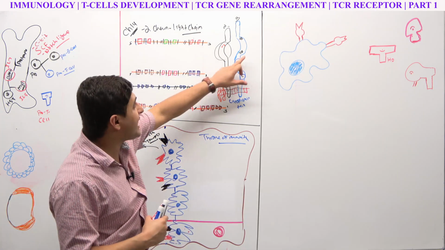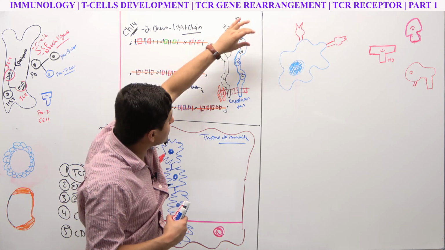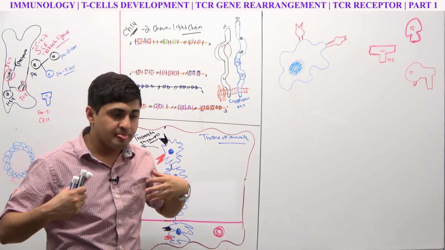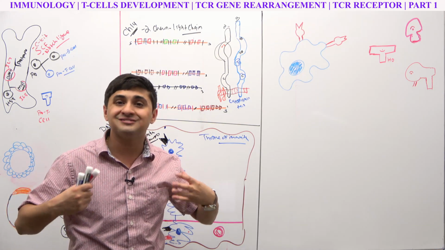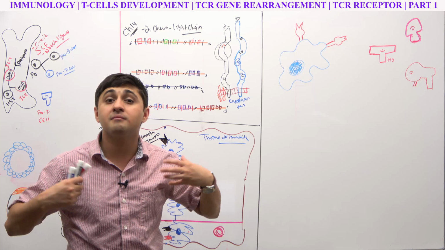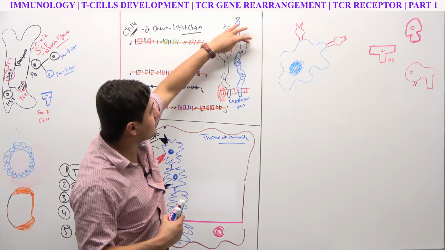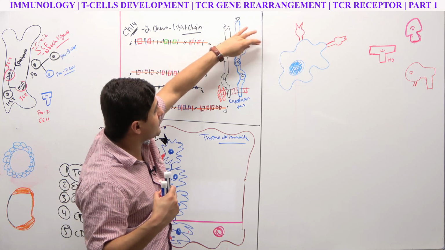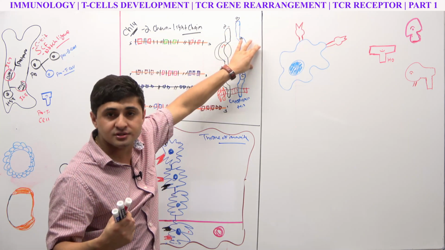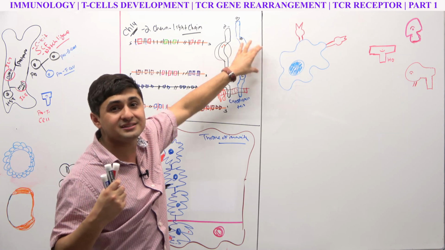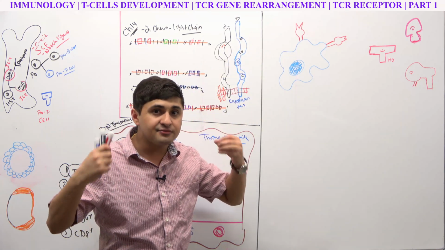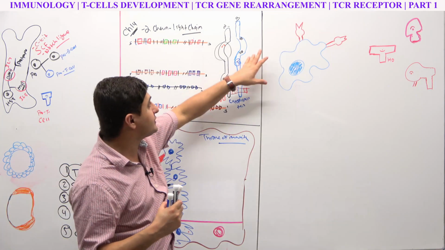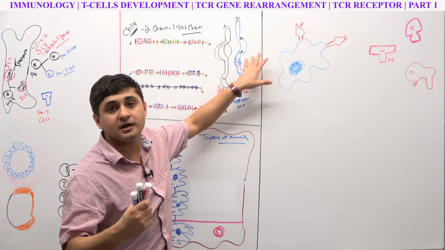Because they synthesize the diversity, it helps with this whole concept of recombination. They can make multiple binding sites where they can identify those viruses or bacteria so they can kill them.